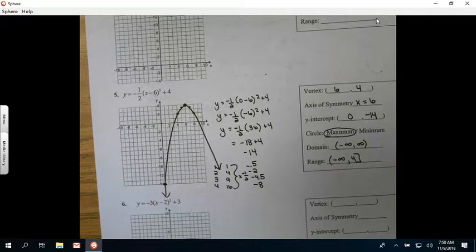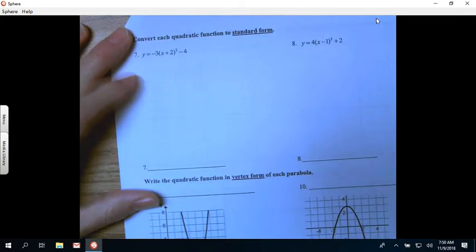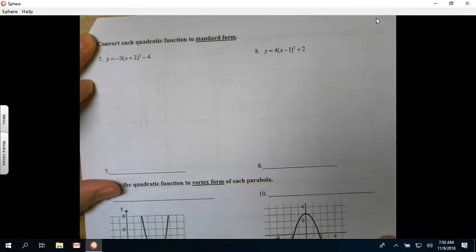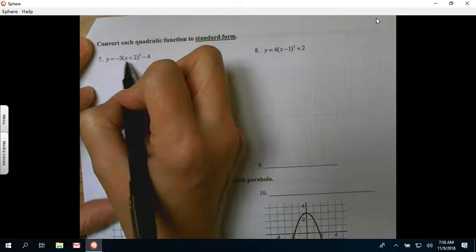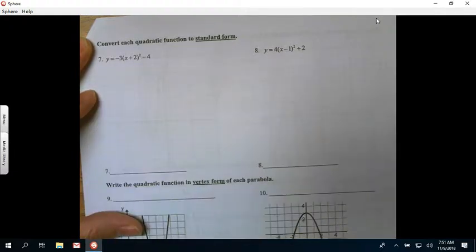Alright, when you convert a vertex form into standard form, we are going to multiply. So if I say (x plus 2) squared, it really means I have 2 of them. So I'm going to go ahead and say (x plus 2) times (x plus 2).